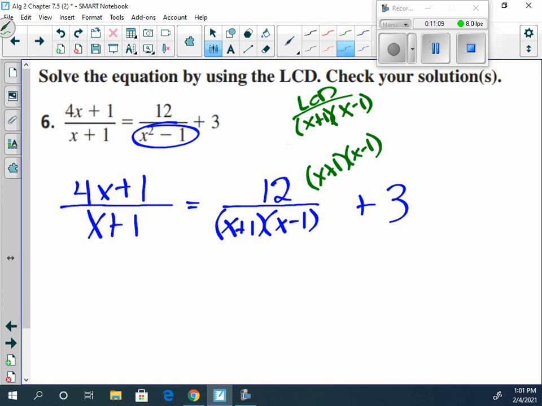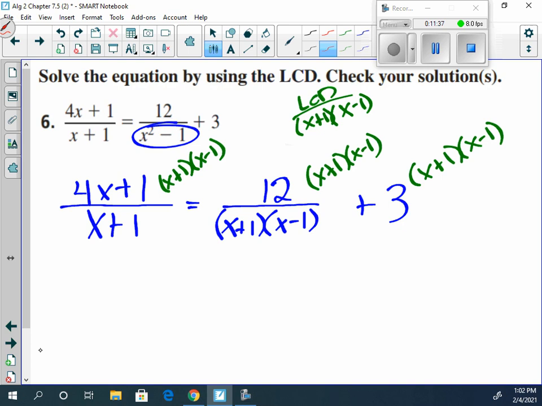Because I need to multiply by both of those for that one to simplify. And it works out that this does have an x plus 1, so it will simplify the x plus 1 in our first term. And we also have to multiply it by the 3. So any questions on any of this here so far?